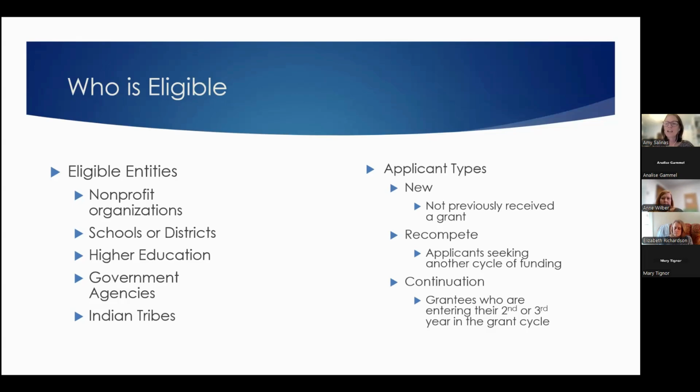This time you'll do a full application called a new application. If you're awarded funding, in the next 2 years you would submit what's called a continuation application. And then as you enter into your 3rd year, you would do what's called a recompete. So you recompete every 3 years for an AmeriCorps grant.